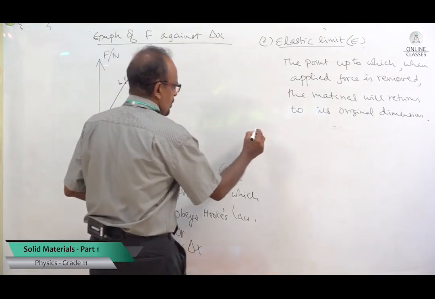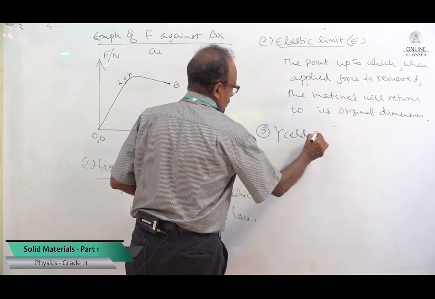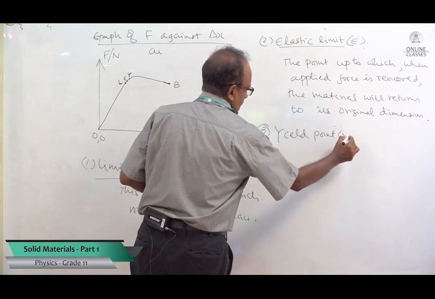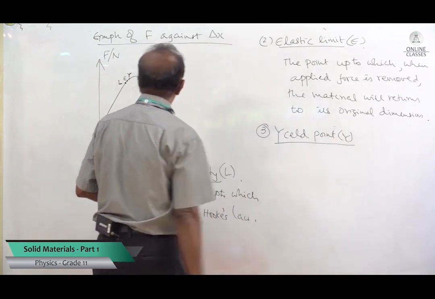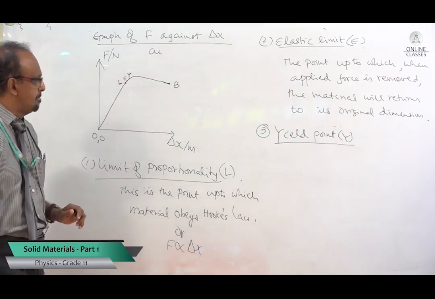We see the third point, yield point. Yield point, that is Y. That is just above the point elastic limit.